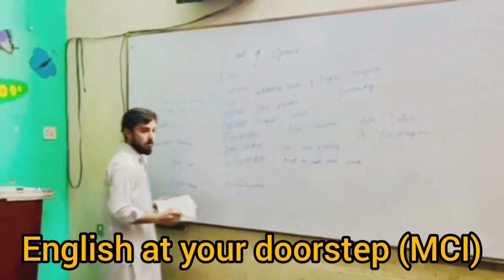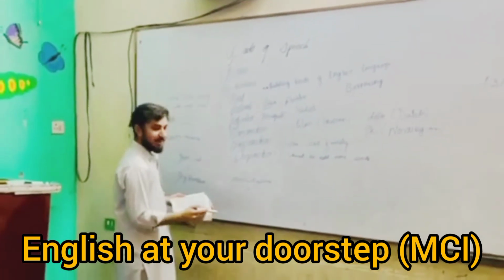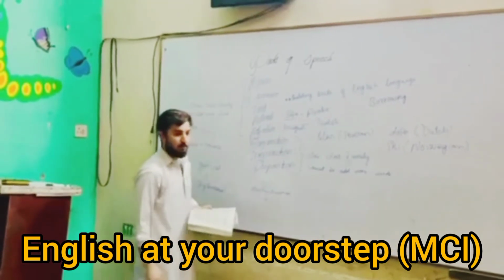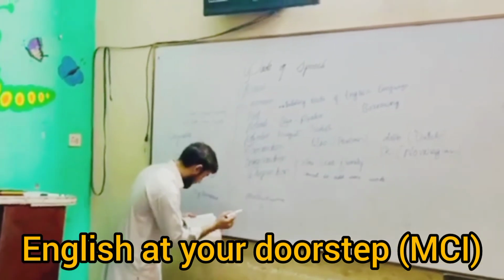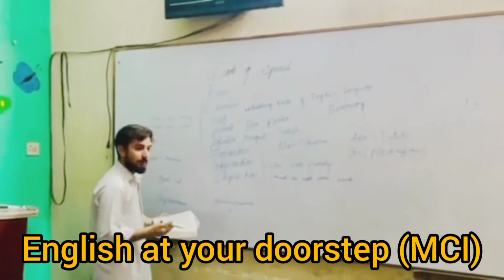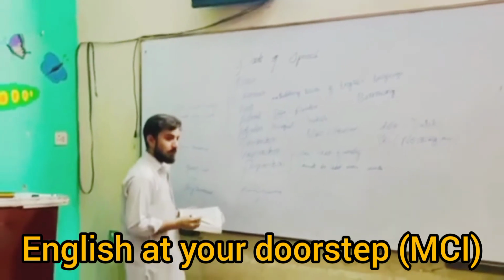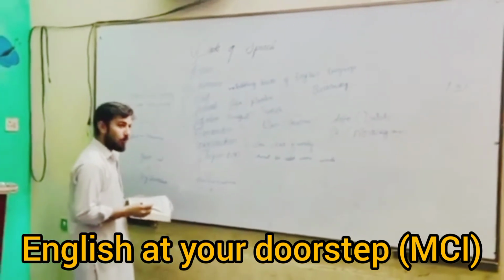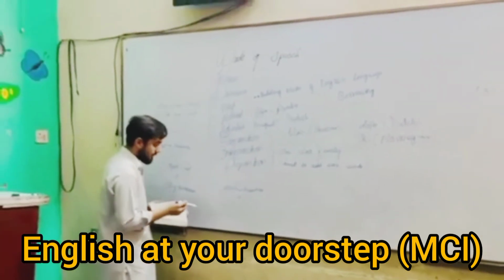Wolkenkratzer. This is the post-vocalic R. In British English we drop it, but in American English we need to pronounce it as it is.